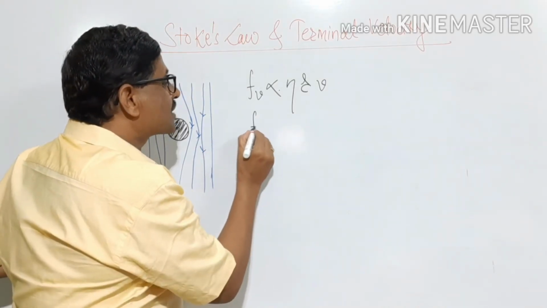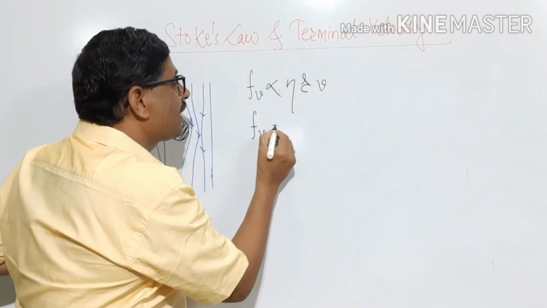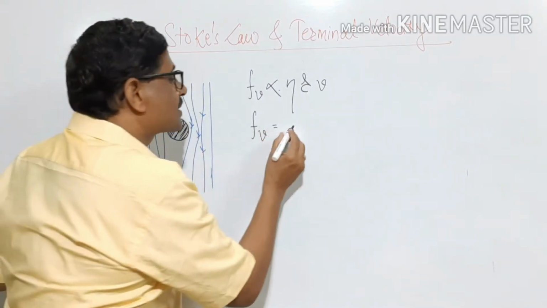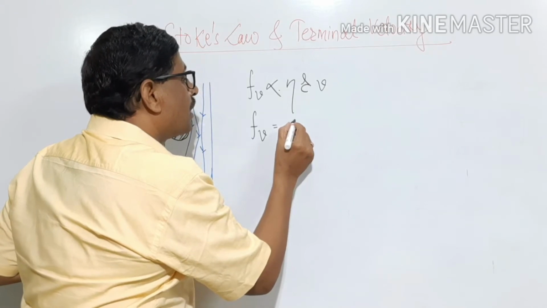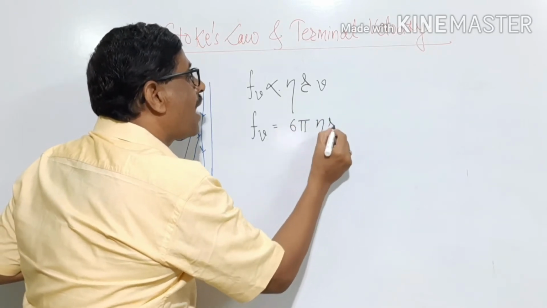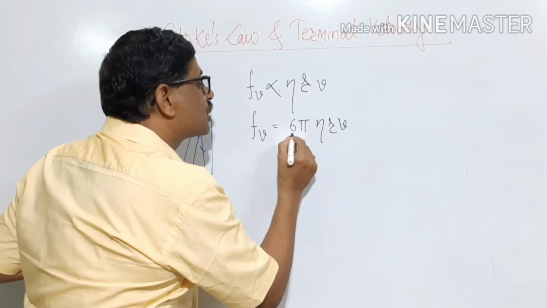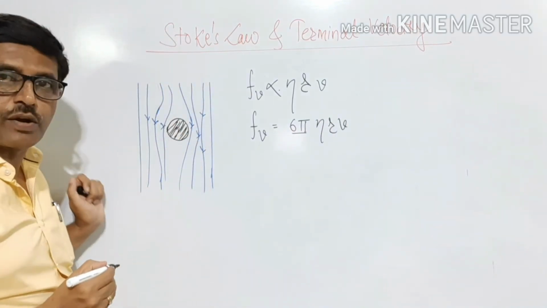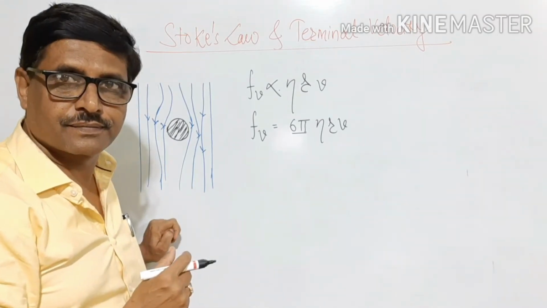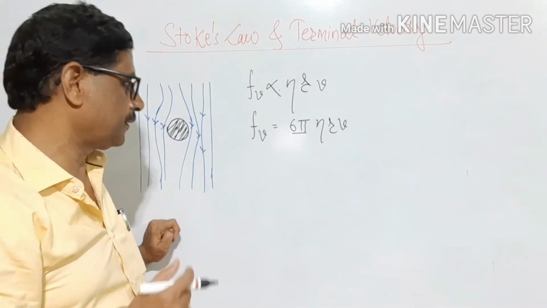Therefore, this viscous force is given by 6 pi eta r v, where 6 pi is a constant of proportionality which is found by experiment.